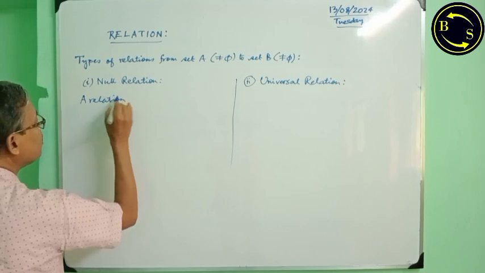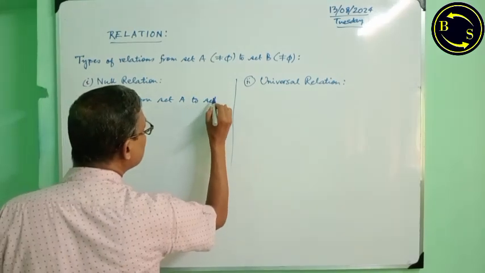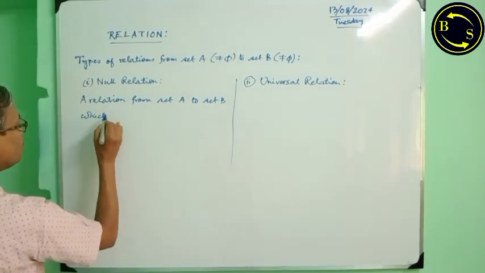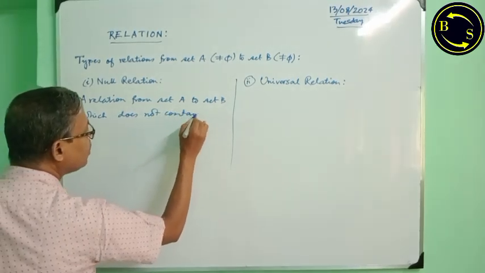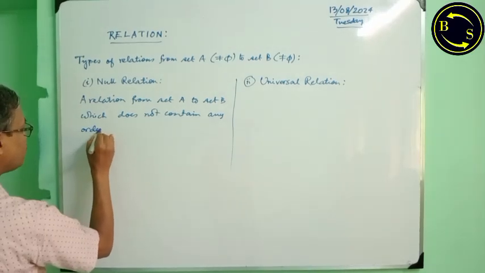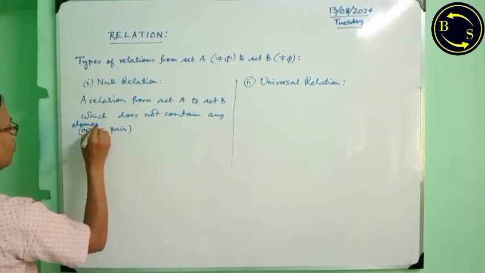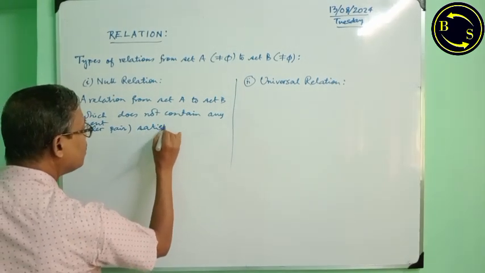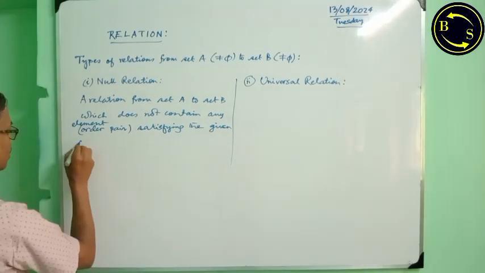A relation from set A to set B which does not contain any ordered pair element, of course element, that means in this case ordered pair, satisfying the given condition.